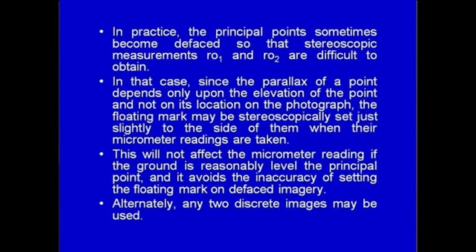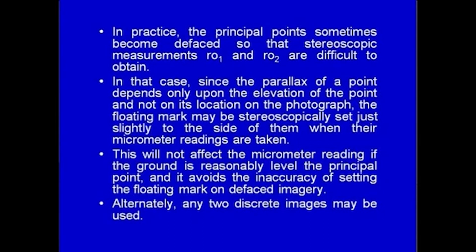In practice, the principal points sometimes become dephased, so that the stereoscopic measurements R O1 and R O2 are difficult to obtain. In that case, since the parallax of a point depends upon the elevation of the point and not on its location on the photograph, the floating mark may be stereoscopically set just slightly to the side of them when their micrometer readings are taken.